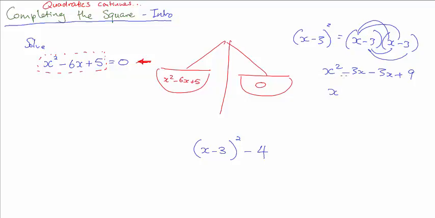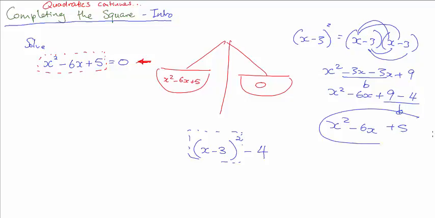So this simplifies to x squared minus 6x plus 9. Now we're chucking on a minus 4, so this simplifies to plus 5. So you get x squared minus 6x plus 5.